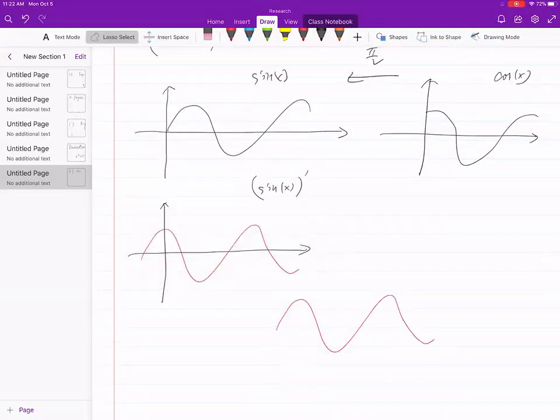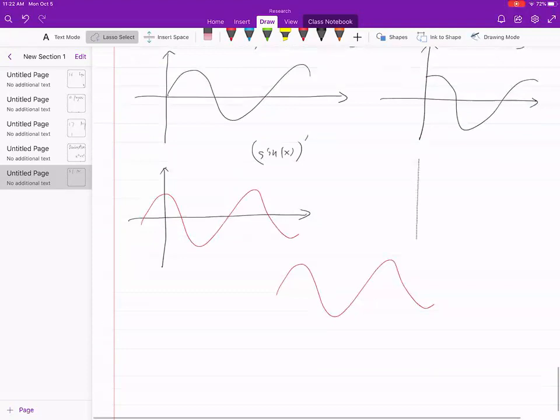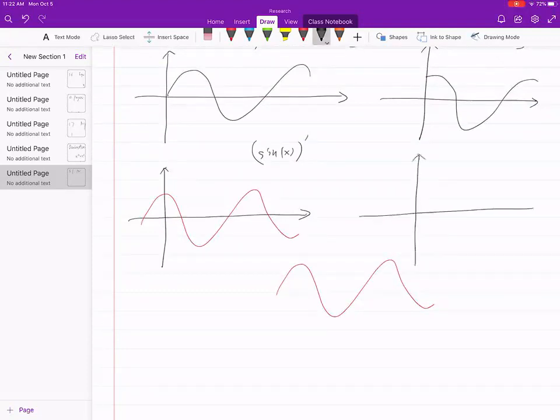Sounds good. Then the derivative of cosine should be the whole thing shifted to the left by pi over 2. What does it look like? Well, it's going to be exactly the same shape. Like that. That's cosine, right? Shift to the left by pi over 2. Sounds good?